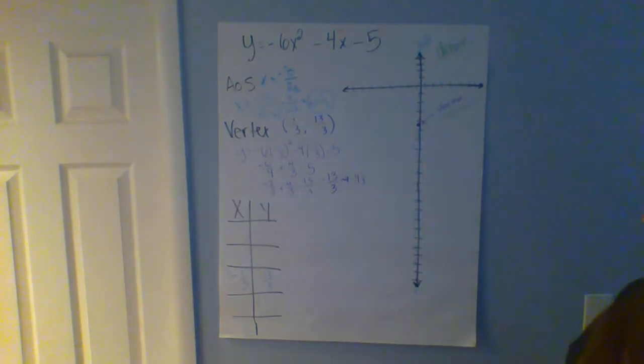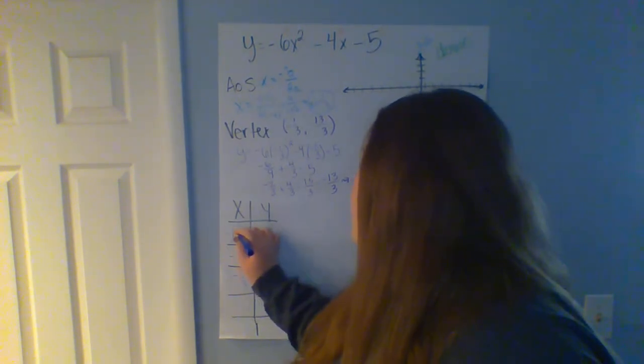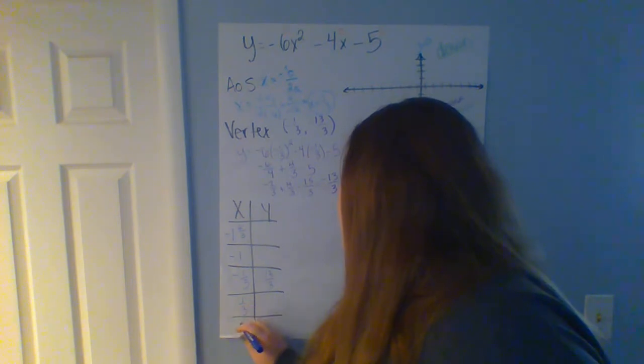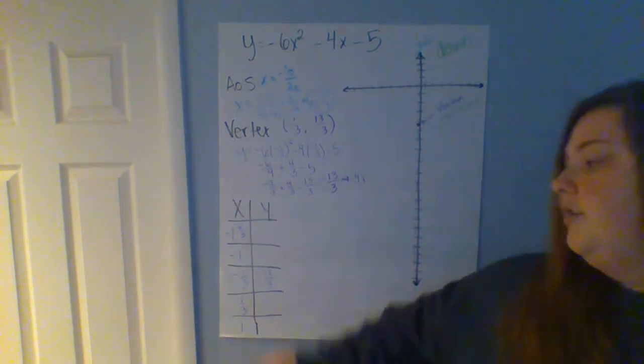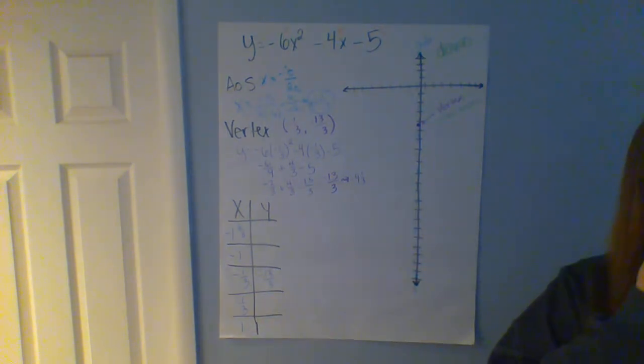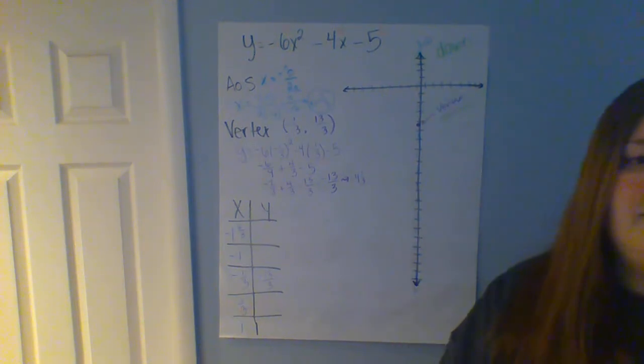So the points I'm choosing are negative 1, negative 1 2/3, positive 1/3, and then positive 1. So each of these changes by a factor of 2/3. So that's how much we're changing, so it's going to end up being symmetrical at the end.